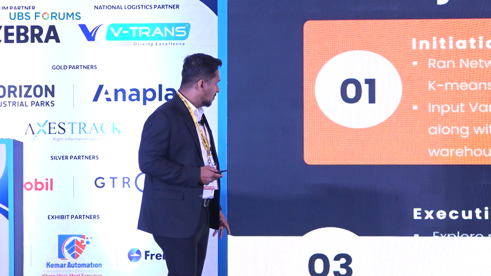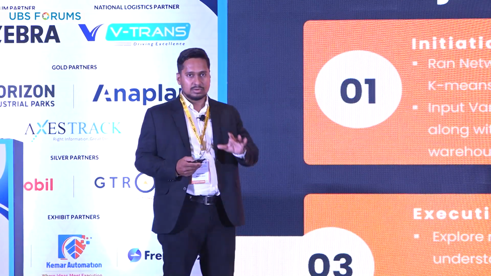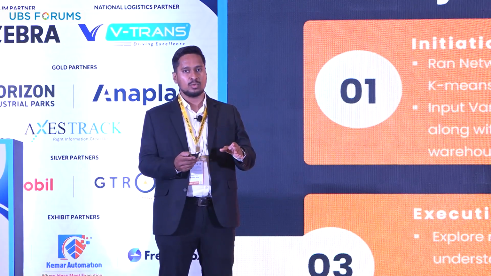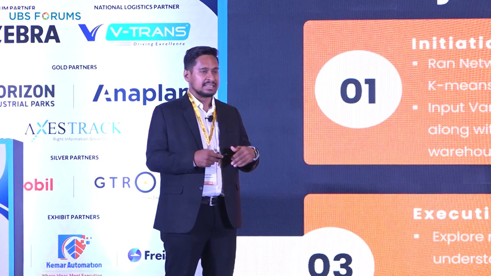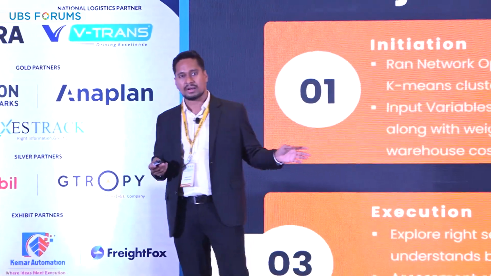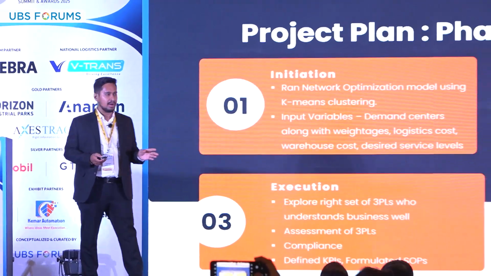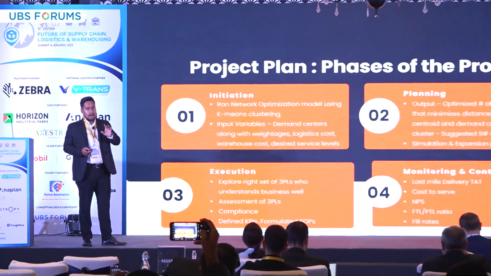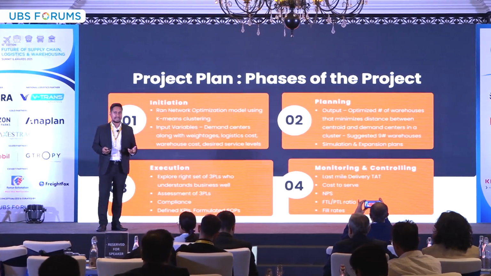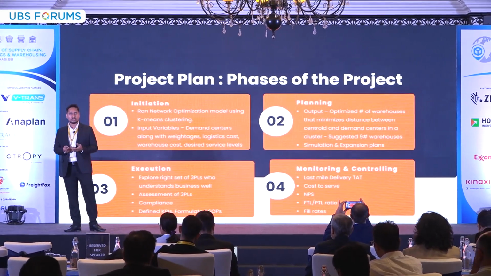So these were some of the things which we did to understand whether we are able to achieve the output which we had envisaged in our initial project ideation. Now, the biggest problem that we faced was from the distribution planning standpoint, because earlier we had only one warehouse, now you have 9 warehouses.